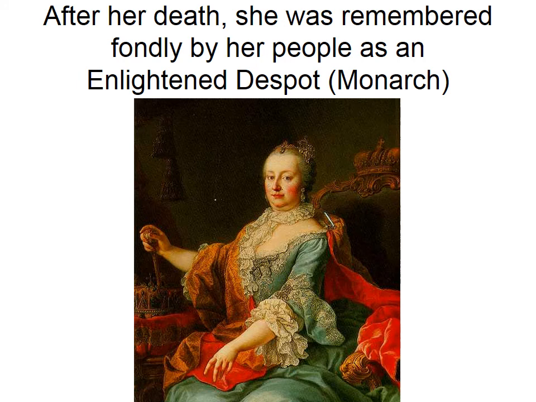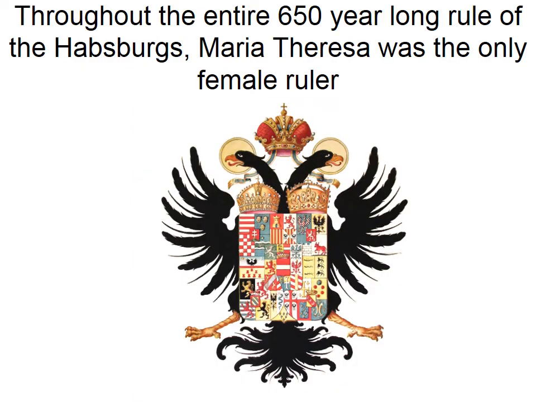She would often surround herself with the French philosophers of the time to help her make decisions about government. So it is important to note, however, that during the 650 years that the Habsburgs ruled in the Holy Roman Empire, Maria Theresa was the only female ruler, certainly something that she can be proud of, and she is known today as a very powerful, absolute, and enlightened ruler.